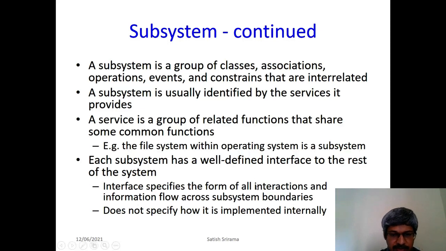But these interfaces do not specify how it is implemented internally. That is taken care of within the subsystem. So the subsystems exist independently, and they have interfaces using which they can interact with other subsystems. We'll see examples by the end of the video.